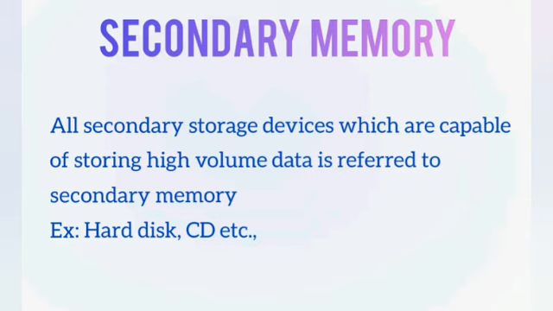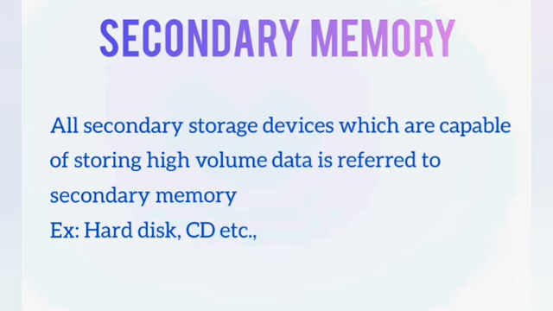However, it can save a substantial amount of data in the range of gigabytes to terabytes. That means it can store a large volume of data. This memory is also called backup storage or mass storage media.